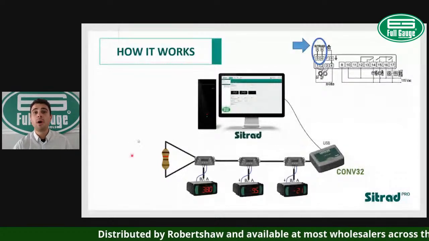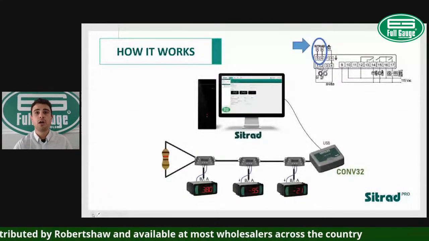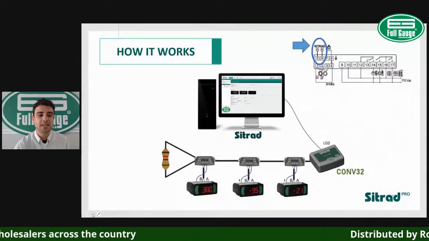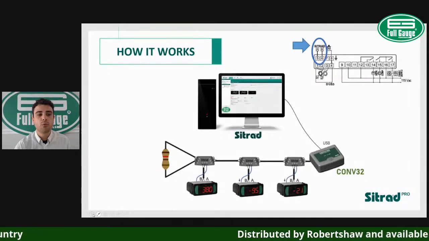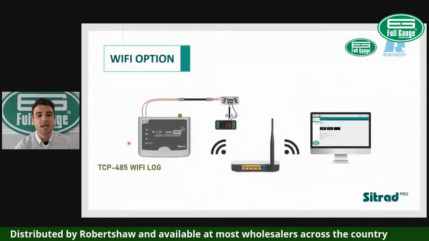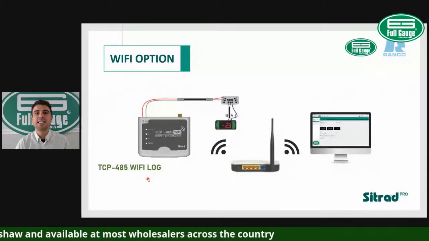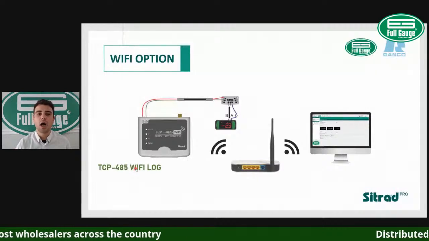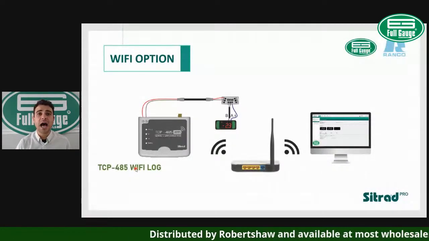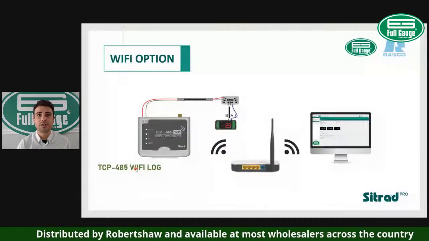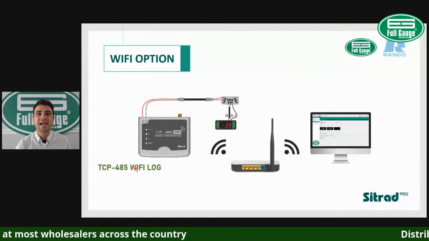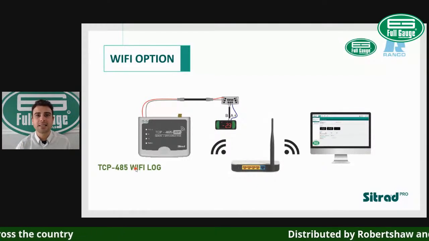But let's say you don't want to have hardwire running all over the place, or you cannot run hardwire all over the place. We provide an option called TCP 485 Wi-Fi Log. What is the TCP 485 Wi-Fi Log? It's basically a TCP/IP type of converter, which means my converter has its own IP address.